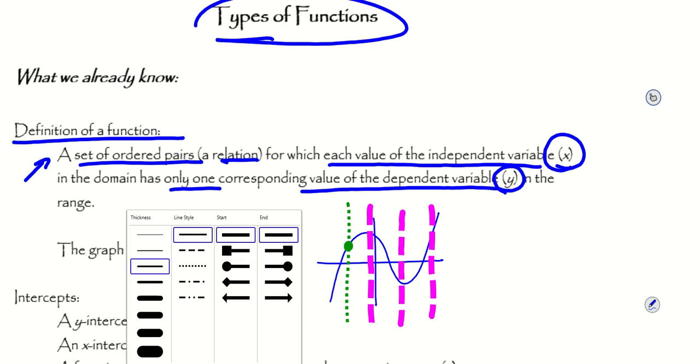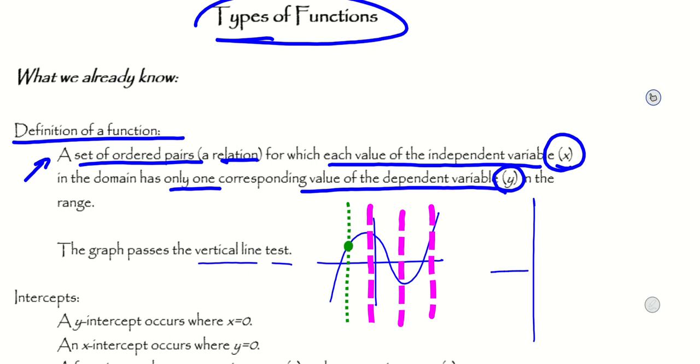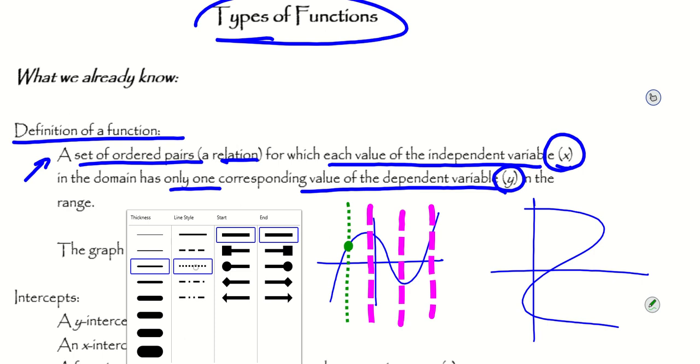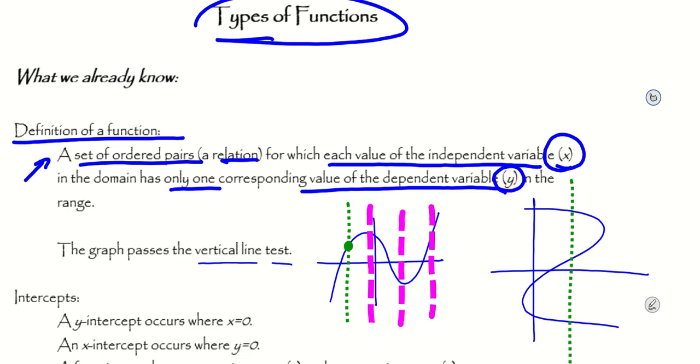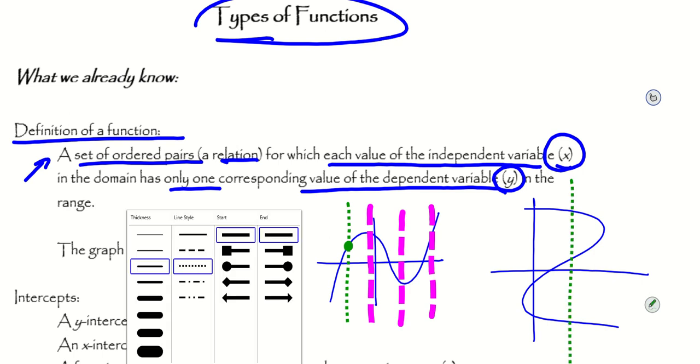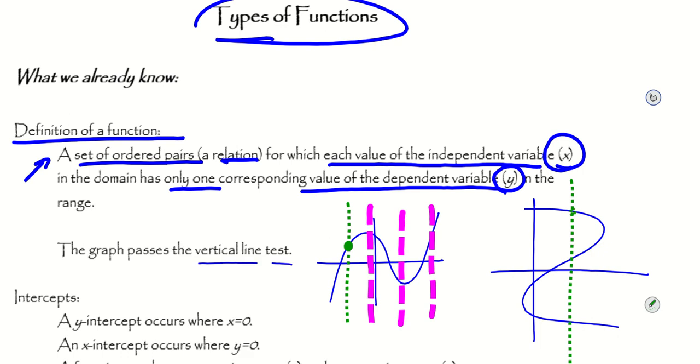In contrast, if I were to look at this graph, and I were to draw a vertical line here, I have a vertical line that actually intersects my graph in not just one, but in three different places.